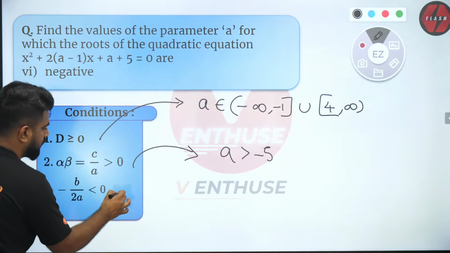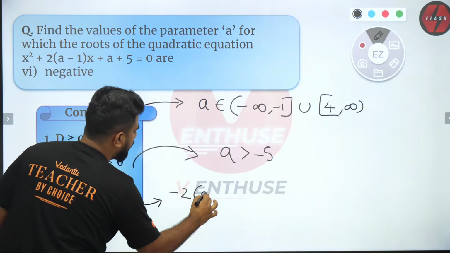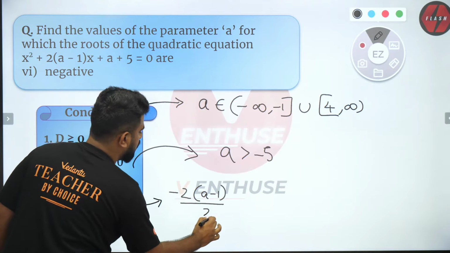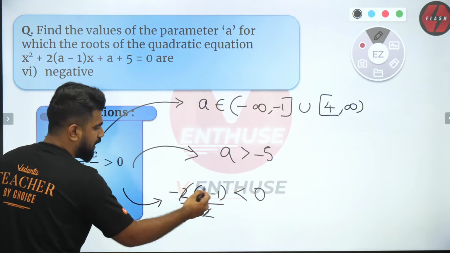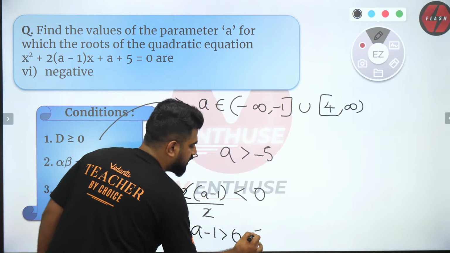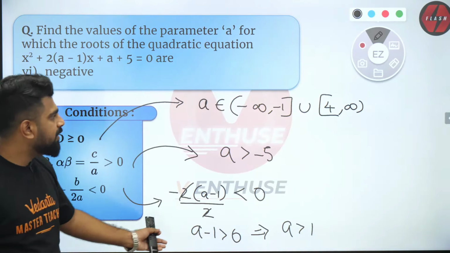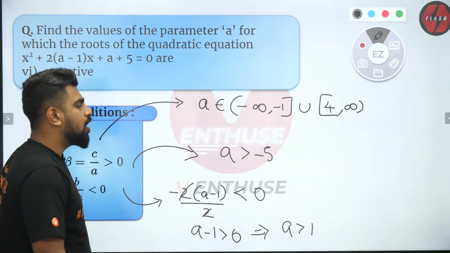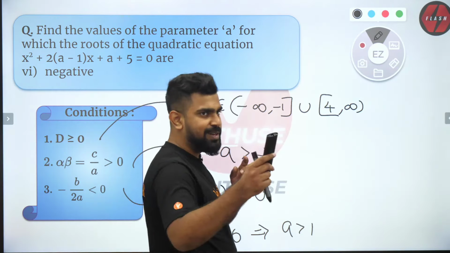But this will change. What do we have here? Minus b by 2a is lesser than 0. That means what? If I multiply by minus, (a minus 1) is greater than 0, which implies a is greater than 1. So what will be the common solution? Can you comment it down again? One more assignment. Can you please do it, everybody?